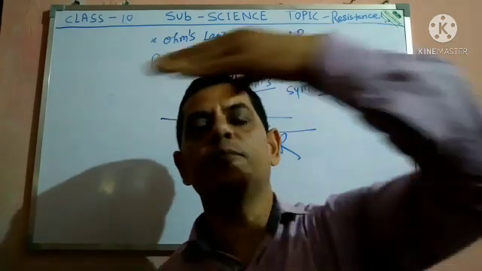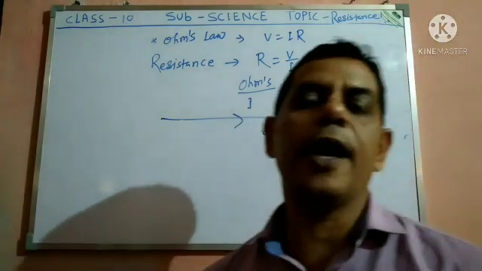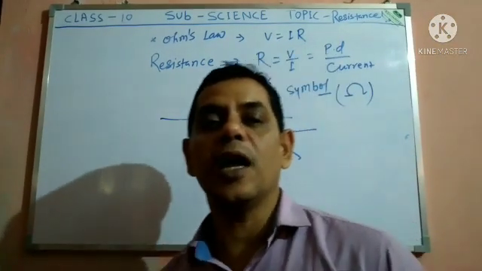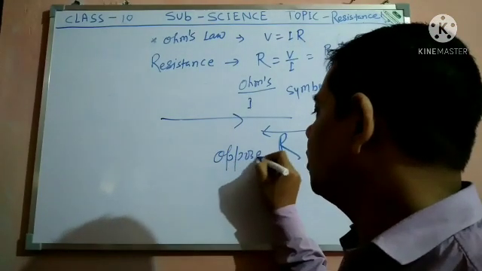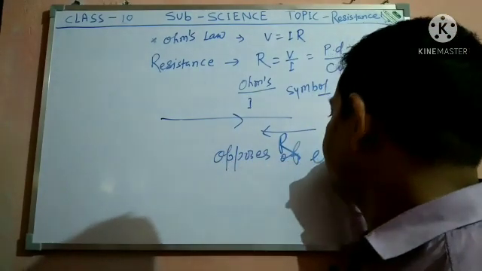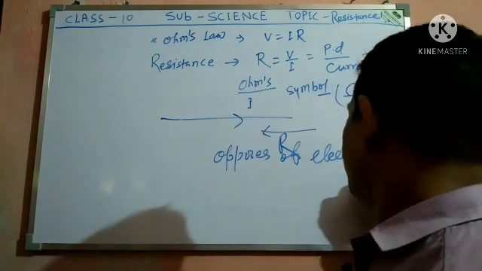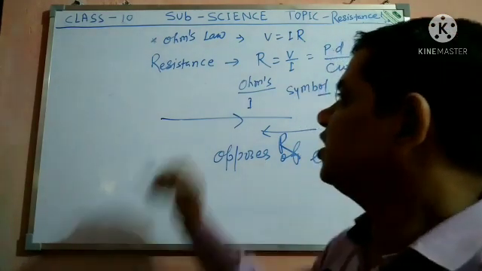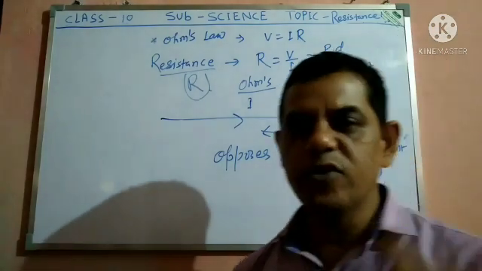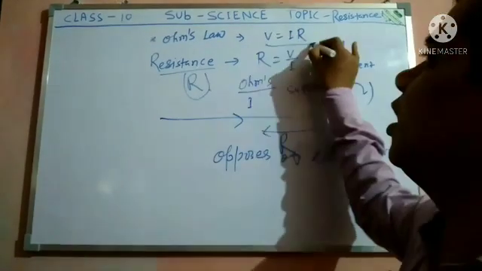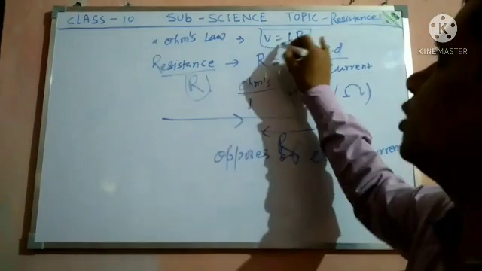Resistance means it opposes the electric current. When current moves in the forward direction, resistance moves in the backward direction. So that is the case of opposing the electric current. Electric current is denoted by I. Resistance is denoted by R. In previous classes I also discussed Ohm's law, V = IR.